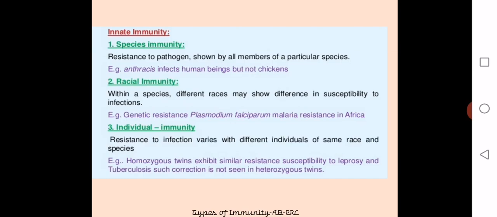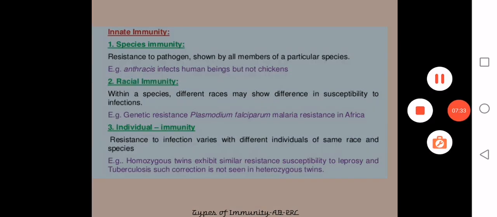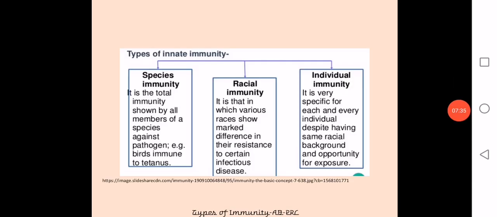That we can experience easily around us. We are different from our friend, our parent, our cousin in terms of the ability to resist a particular pathogen. So these are the three levels: species level, racial level, and individual level of innate immunity that is experienced in a population.